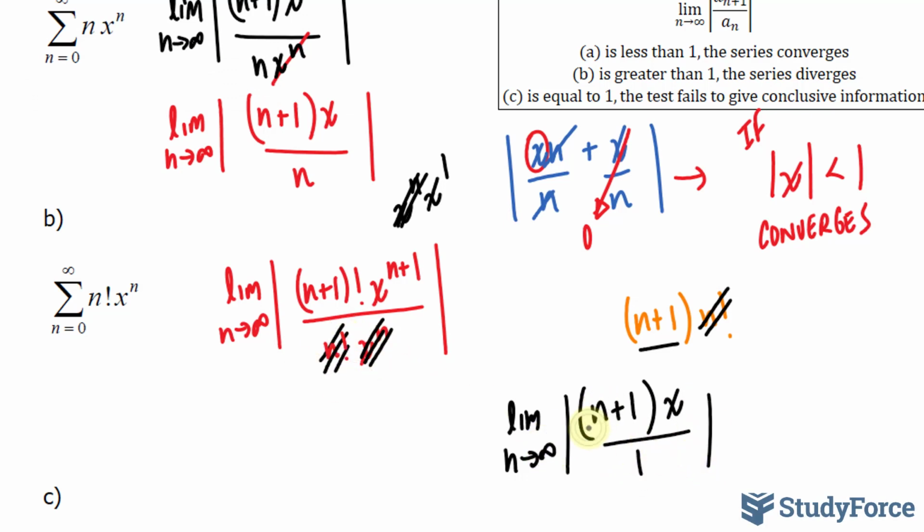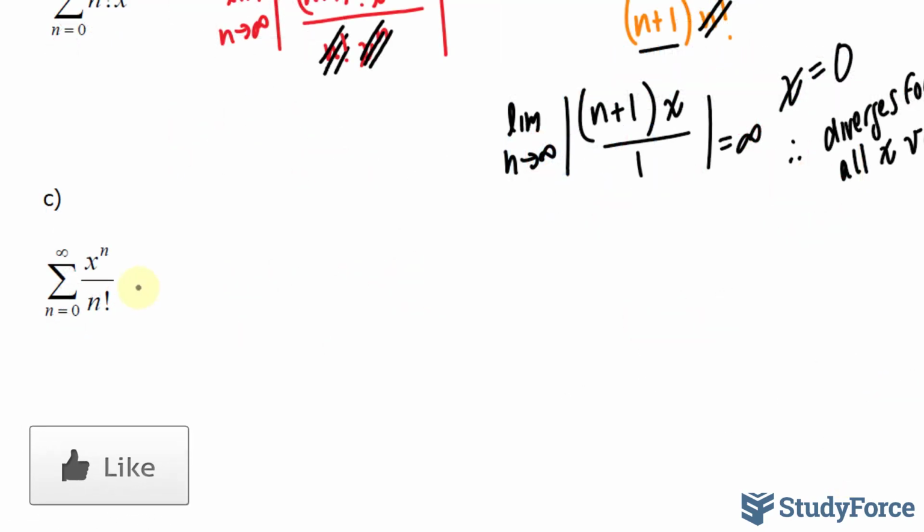If I substitute infinity into n, I'll end up with infinity, and since I end up with infinity, according to the ratio test, this series diverges for all x values except when x is equal to 0. So let me write that down. This is equal to infinity, therefore diverges for all x values.